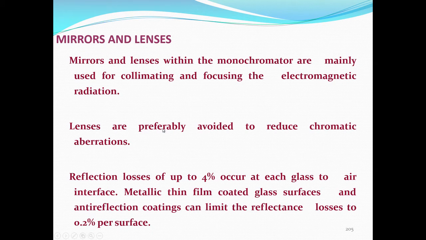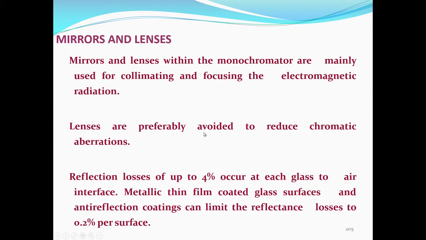So, we also need mirrors and lenses in spectrophotometric optical arrangements, and they basically are used for collimating and focusing the electromagnetic radiation. Collimating means to get the radiation parallel, and focusing means we have to choose the place where the mirrors are kept so that the image of the radiation is sharp.